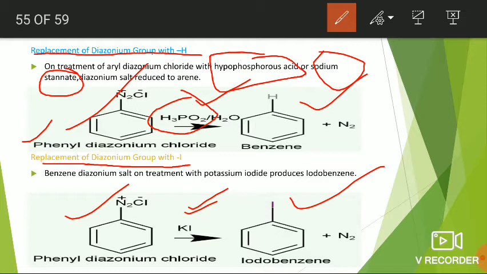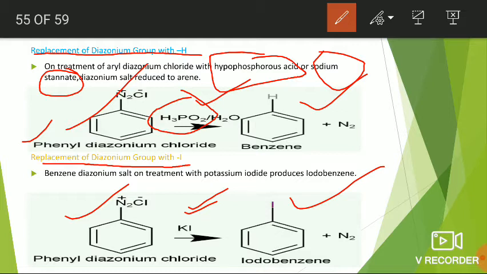So it is the best method to prepare iodobenzenes or to substitute the NH2 group with an iodo atom. That is, according to this method, we can convert aromatic primary amine into iodoarene.